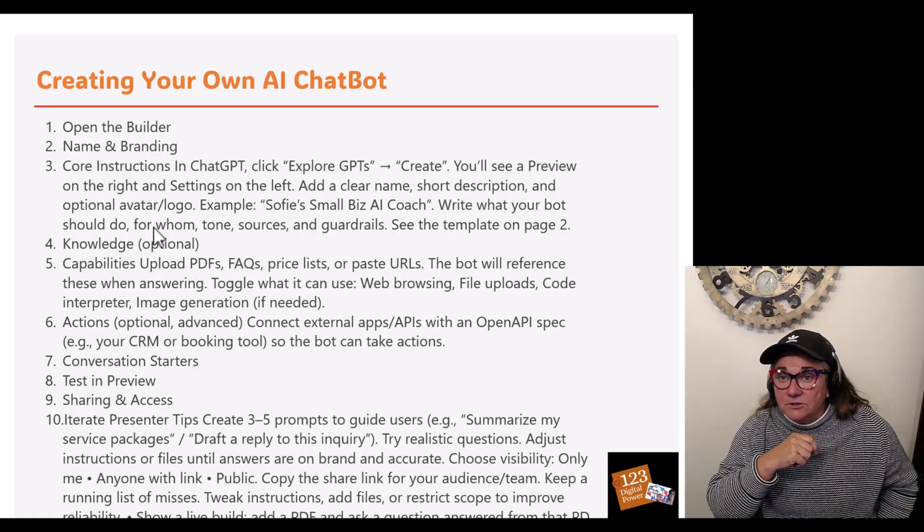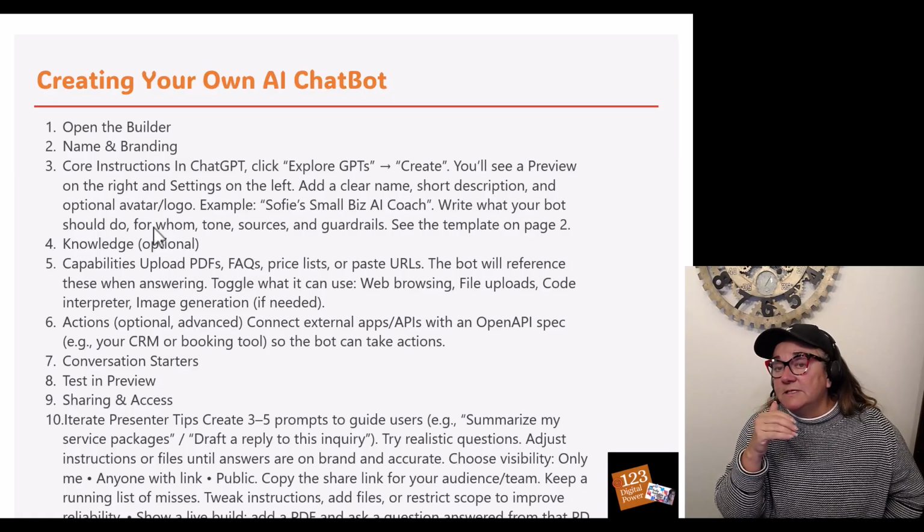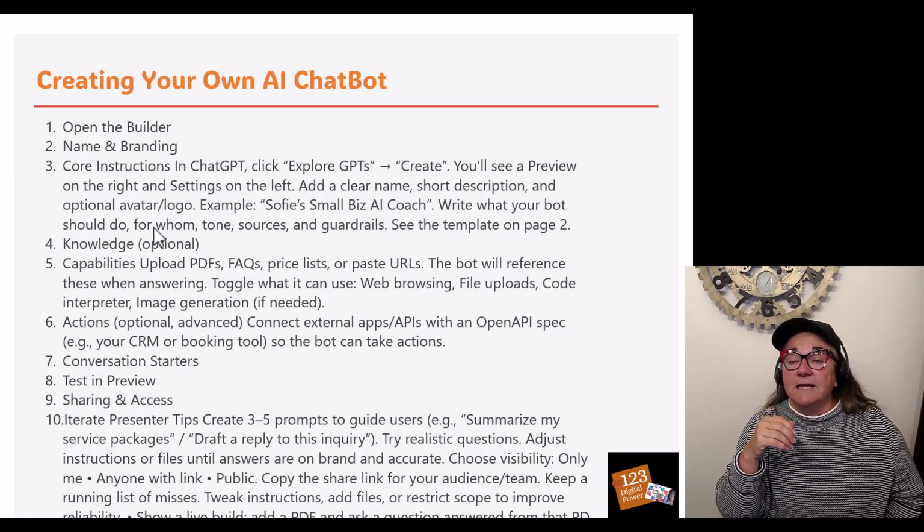So you can give it conversation starters. As you can see, the chatbot, instead of just being a blank box, once they come to the chatbot, you can say, I want you to have these 4 questions there already. So you're giving it a hint.